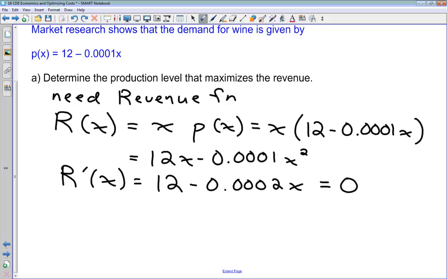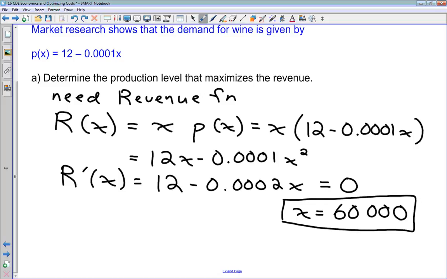So we can solve this pretty easy. We get x equals 60,000. So this is the number of things that we have to produce in order to maximize our total revenue, the total amount of money that we have coming in.